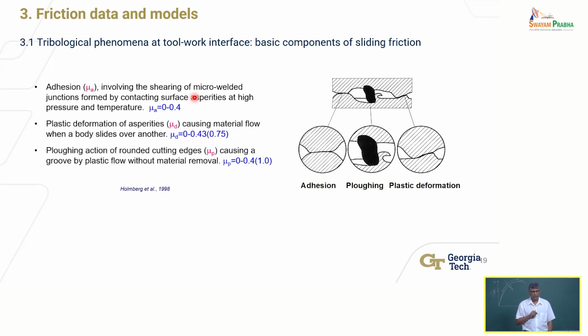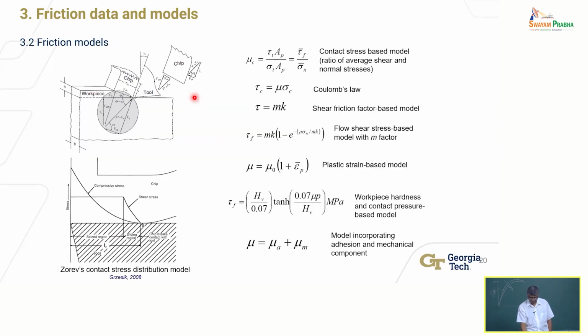People approximate it as some approximate Coulomb friction, or more sophisticated models actually will model how that normal stress and the frictional stress changes as a function of location, and temperature. There are different ways people do this, okay? So this is not easy. Here are different types of models.